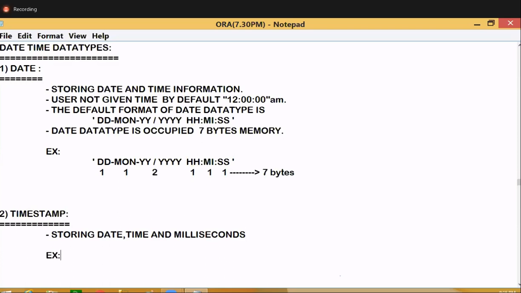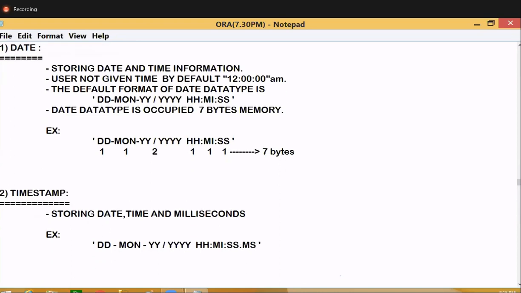Observe carefully this example: DD as usual, month, YY or YYYY, a space, hours, minutes and seconds, and after that the milliseconds.